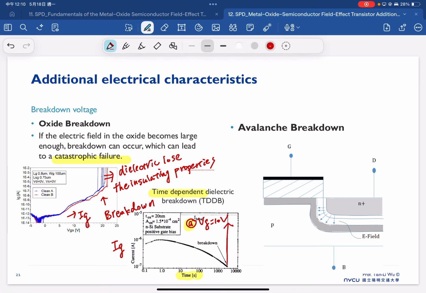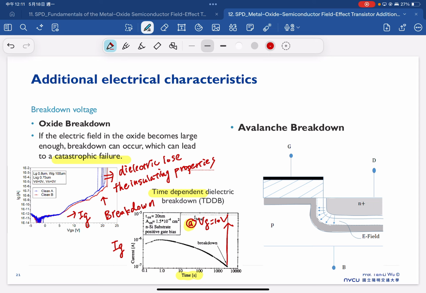So that's what we call time-dependent dielectric breakdown. We won't talk about the reason; the physics here is related to reliability. There is lots of interesting physics that we can use to understand this phenomenon, but we won't talk about this in detail.